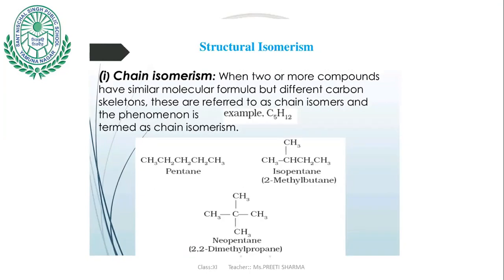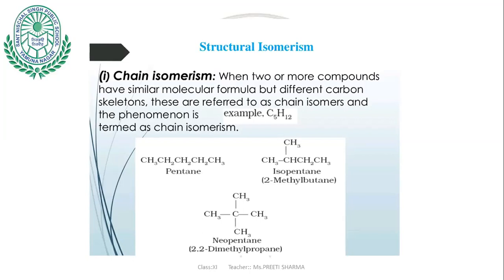These three have the same formula, C5H12, but they only differ with respect to the carbon skeleton, because one is a straight chain, the second is branched, and the third is highly branched. Only this is the difference in chain isomerism. As you can see in the example of pentane, the formula is C5H12, students, and pentane can be rewritten like that.